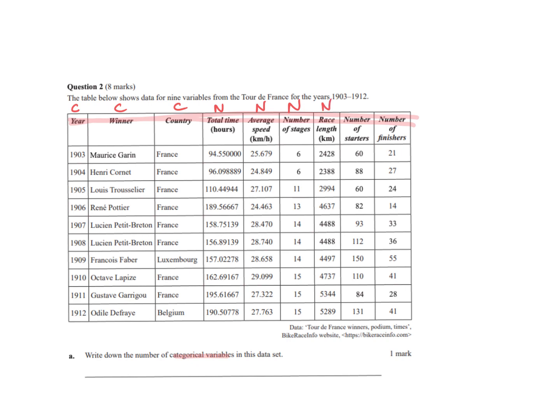Number of starters will go numerical, yeah? And the number of finishers will go numerical. So write down the number of categorical variables in this data set. We're going to go 3. I think that the tricky bit would have been the year. A lot of people would not have collected that one as a categorical, okay?